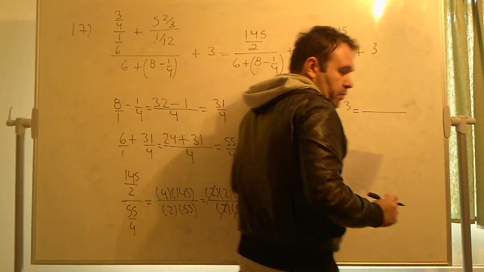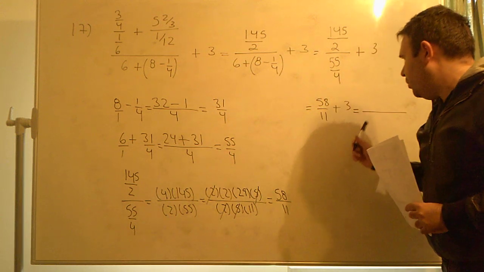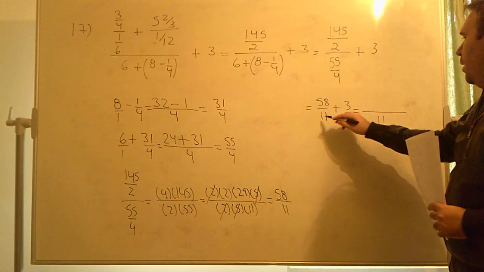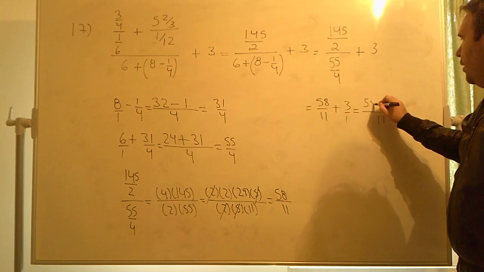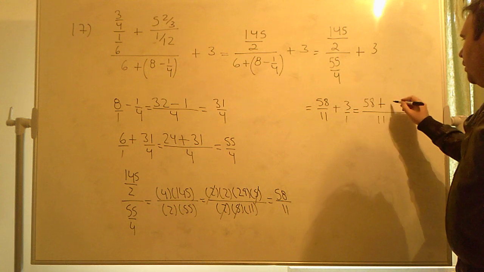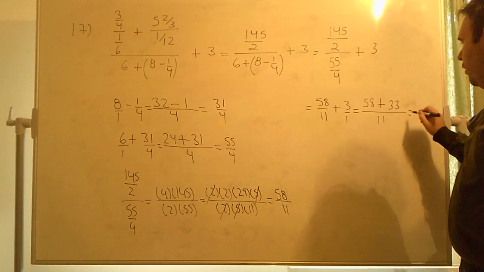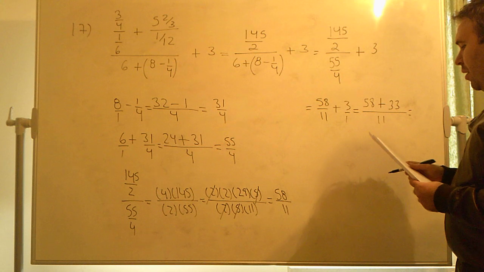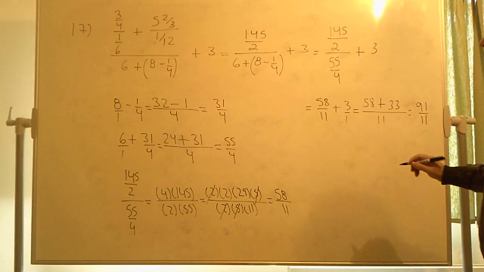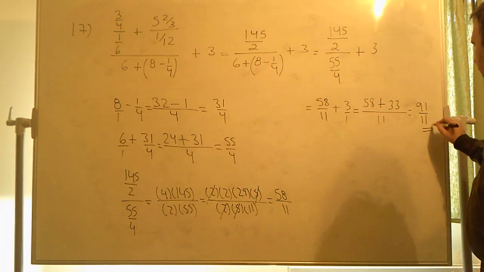So now the least common multiple, well, this one is divided by 1, so we will have 11 here. 11 divided by 11 is 1, so we will have 58 plus 11 divided by 1 is 11 times 3, 33. And this would be 91 elevenths, and this would be the final result.